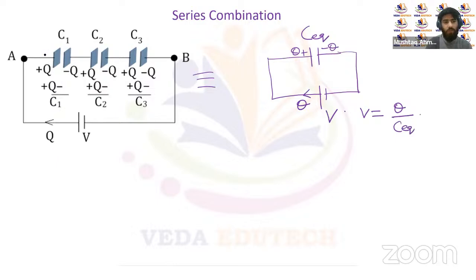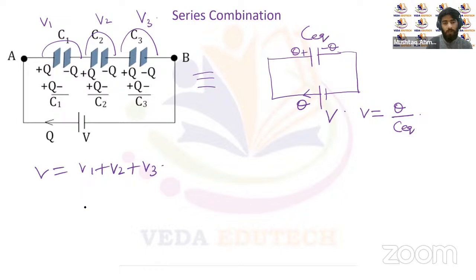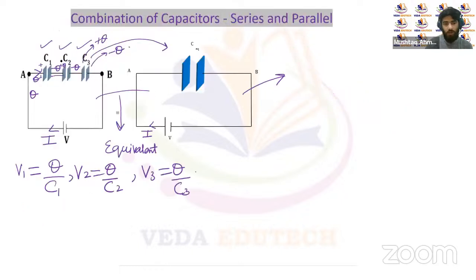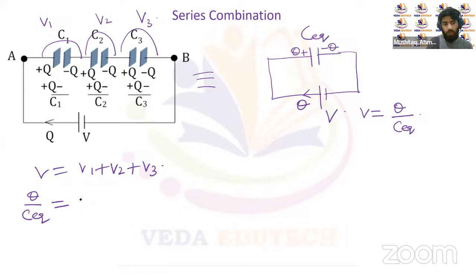Let's suppose across this capacitor the potential drop is V1, across this one V2, and across this one V3. This V must be equal to V1 plus V2 plus V3. So we can write V as Q upon C equivalent, and V1 as Q upon C1, plus Q upon C2 plus Q upon C3.